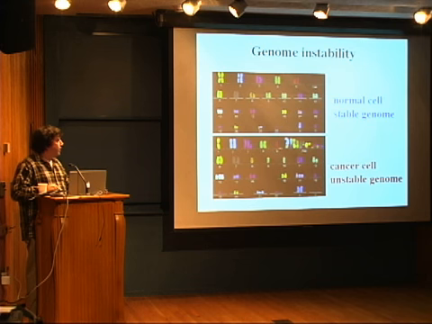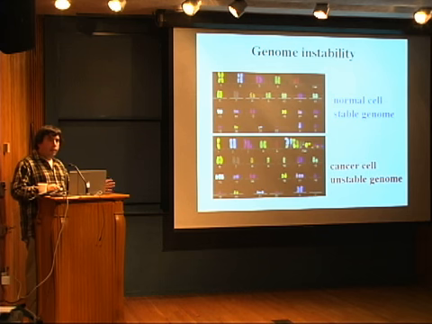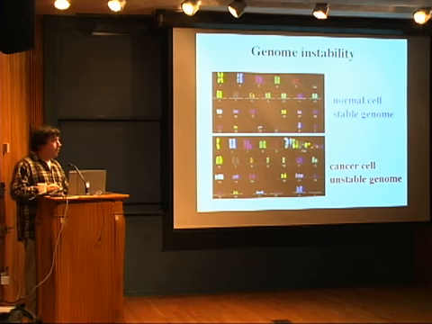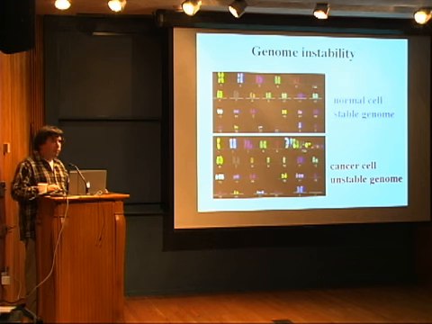By contrast, I think you can appreciate the dramatic differences in gross chromosomal morphology and content between a normal cell and the panel shown at the bottom, which is a karyotype derived from a more or less typical cancer cell. This karyotype shows very clearly the hallmarks of an unstable genome. You have multiple copies of some chromosomes.